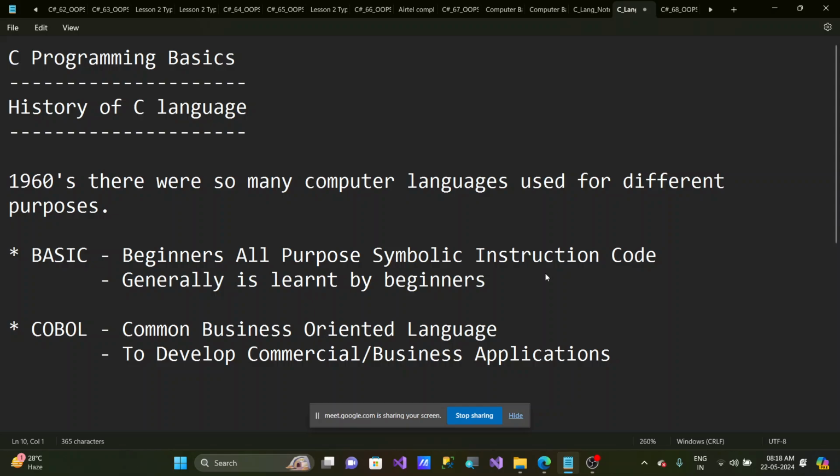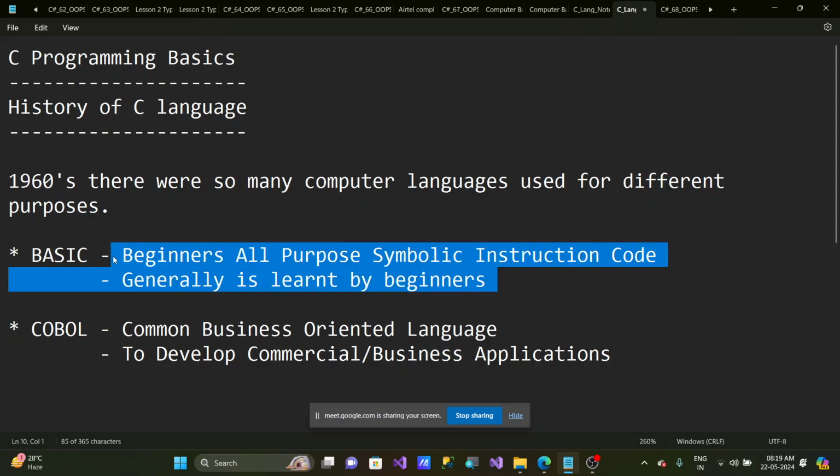There are different BASIC versions or flavors, like QBASIC, GW-BASIC, Gateway BASIC, Quick BASIC. There were so many, but you need to remember line numbers are mandatory, and you need not use any statement terminator like a semicolon or dot. That is the syntax of BASIC language.